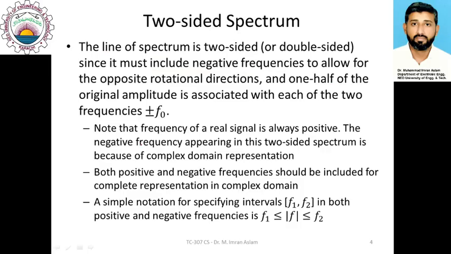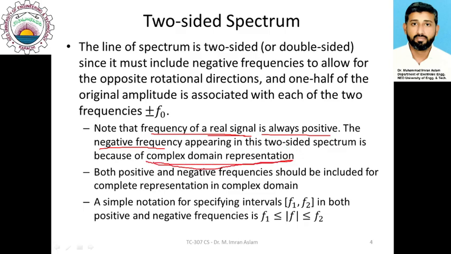One important thing that you should note is that the frequency of any real signal is always positive. We understand this, that the real signal has a positive frequency. However, in this case we have a negative frequency as well. This negative frequency is appearing in the double-sided spectrum because we are using a complex domain representation.